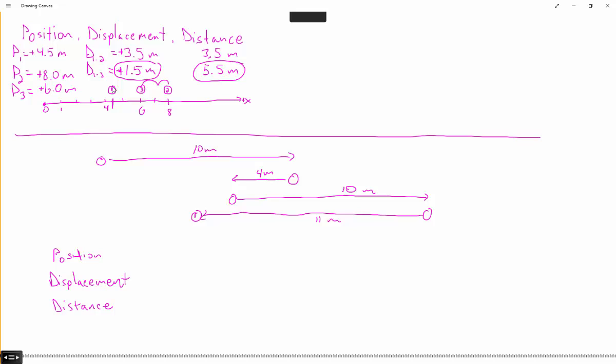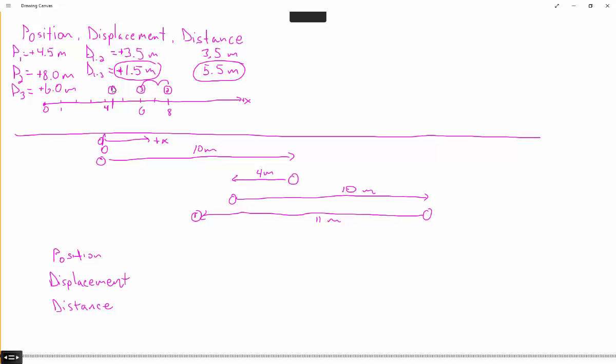And we'll define this right here to be my 0, and we'll define this to be positive x. So I define that to be my origin. There's my positive x. So now I can start doing this. So the final position would be the 10 meters minus the 4, and so on.